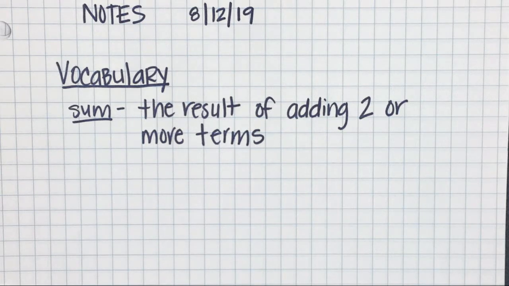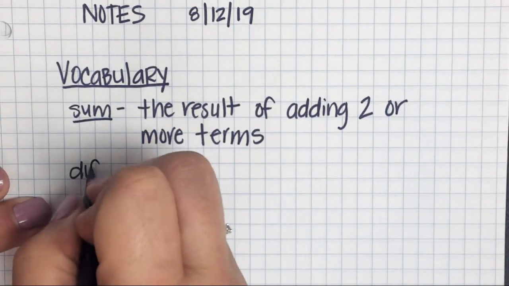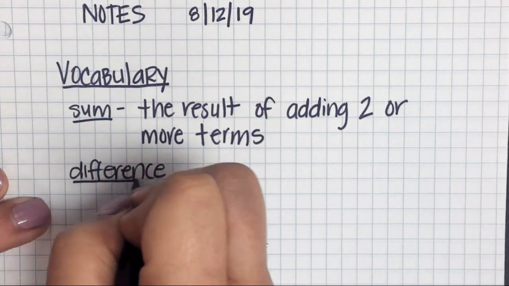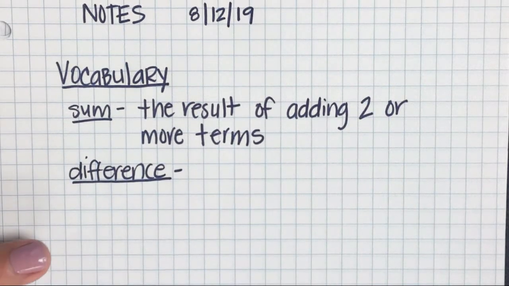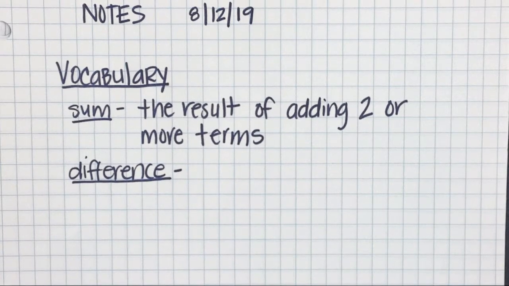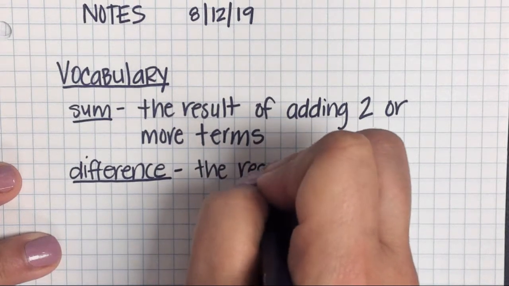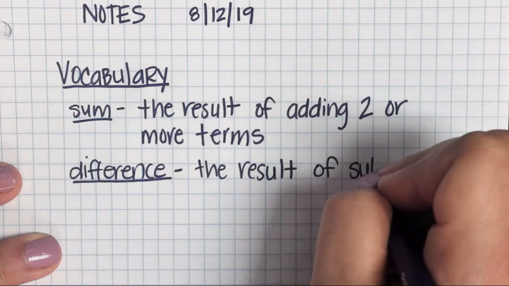Okay. Our next word is going to be difference. What do we think the definition of difference is? Anyone? What do you think? Go ahead. You got it. The result or the answer of subtracting.